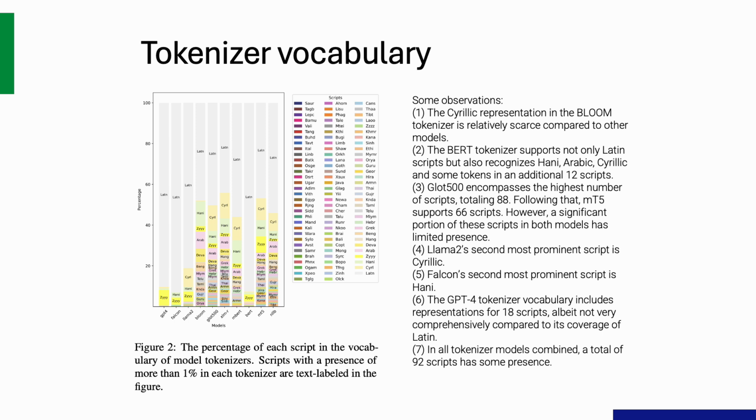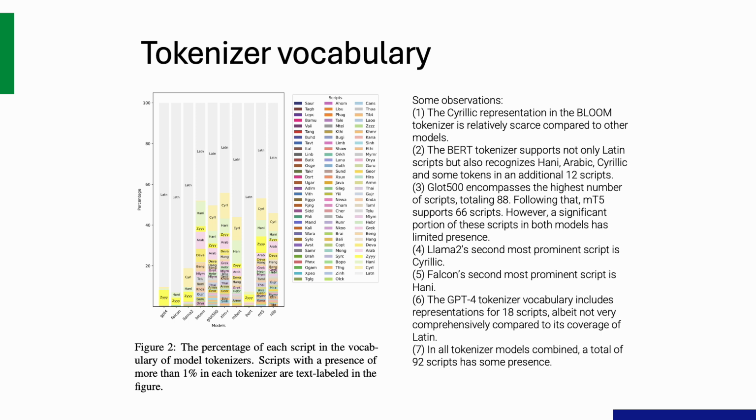each model tokenizer, and you cannot do this with, for example, language identification models, because language identification models, as you know, cannot identify all of the scripts. And another important reason that you cannot use them is that language identification models are not good at very short sentences or single words.